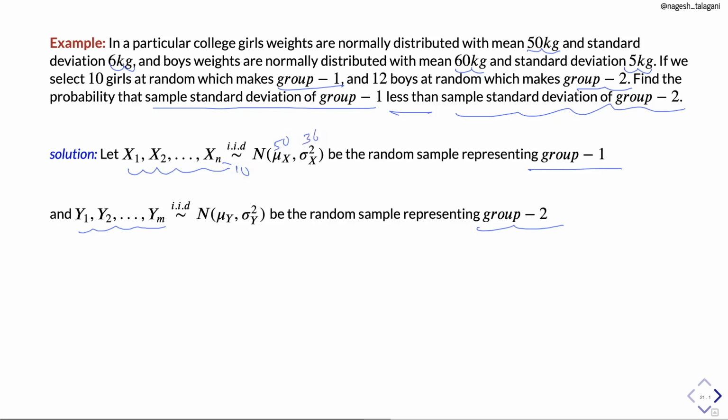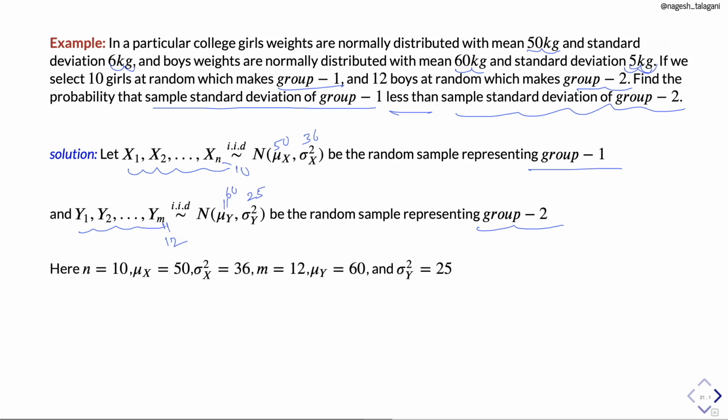And here the sample size m equals 12, the population mean mu y equals 60 kg, and the population variance sigma y square is 25, because the population standard deviation is 5 kg. So here we have n equals 10, mu x equals 50, sigma x square equals 36, m equals 12, mu y equals 60, sigma y square equals 25.